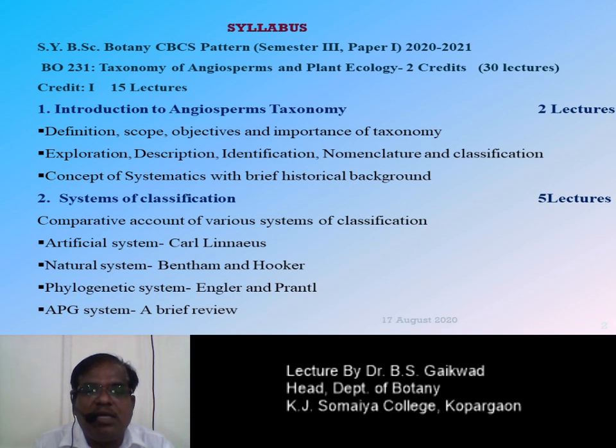The first system is the artificial system of classification, introduced by Linnaeus. In this artificial system, very few characters are taken into consideration. At that time limited characters were used, and this system was then rejected.